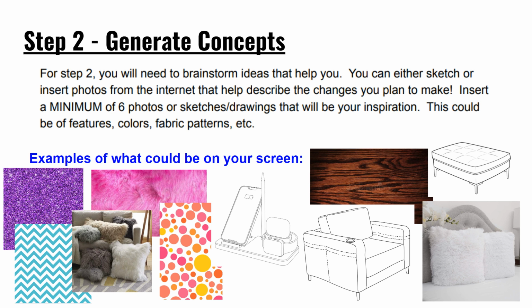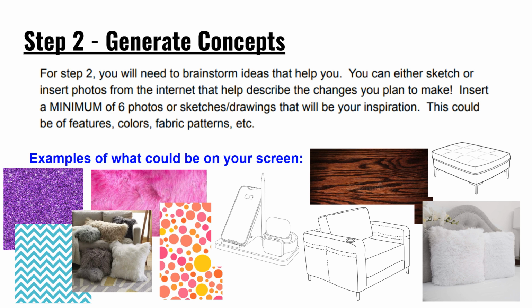So what I did is I went in and decided that I'm going to redo like a chair and footstool type thing. And I put on the left different colors and textures and patterns that I like. I put a wood grain color that I like. I want to have some type of electrical hookup for a cell phone charger and AirPods and Apple Watch.